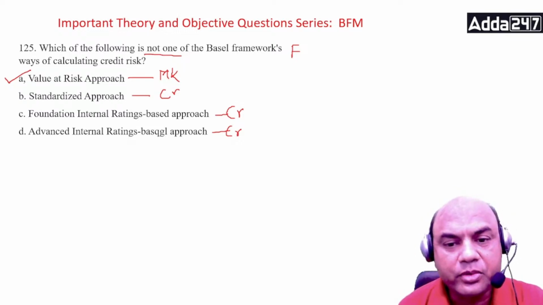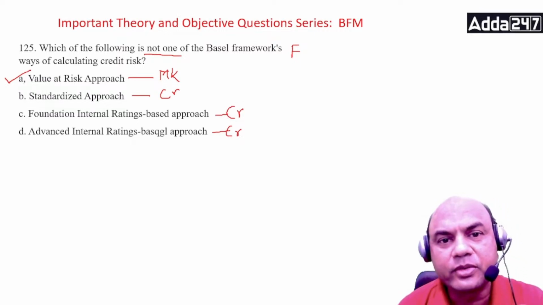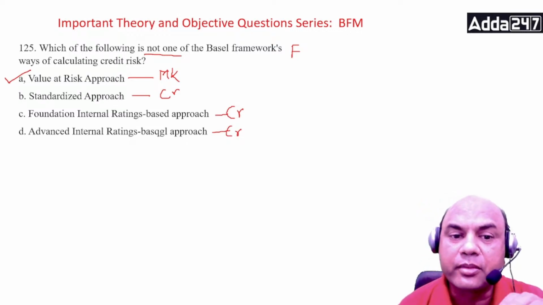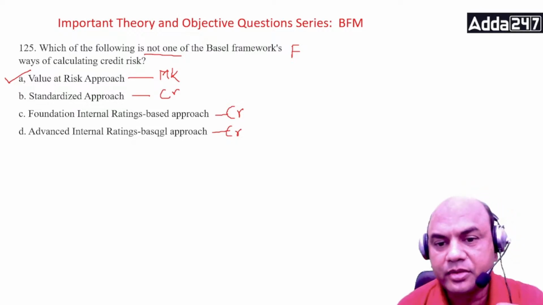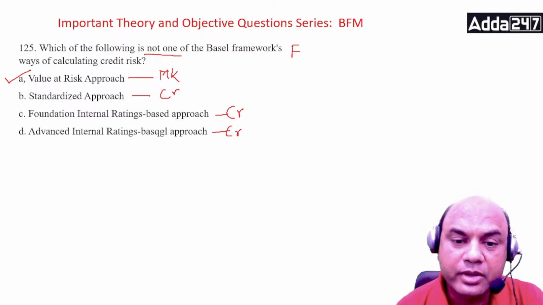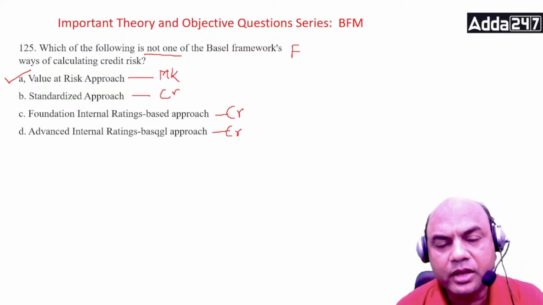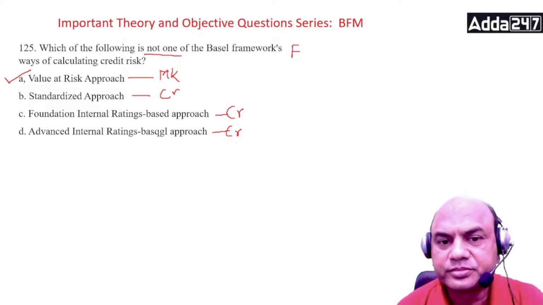Under the FIRB approach, the ratings are given by the bank, but the parameters or the feed will be provided by RBI. Under AIRB, all things are decided by the bank, and that is the ideal way.